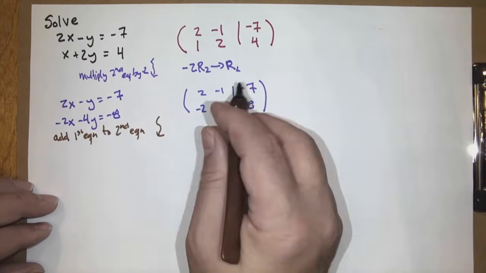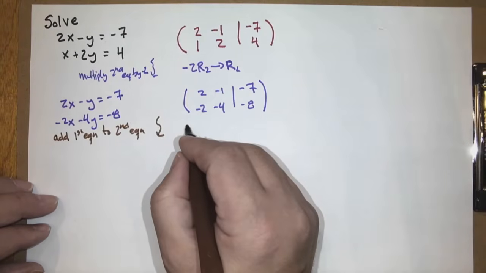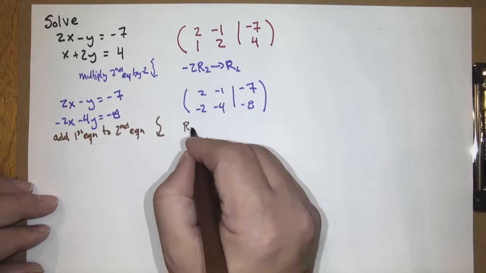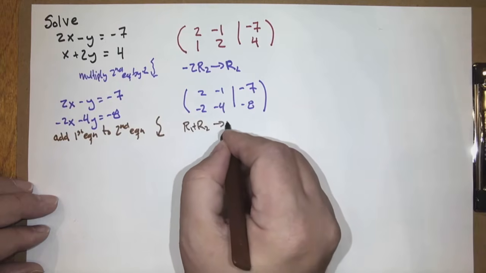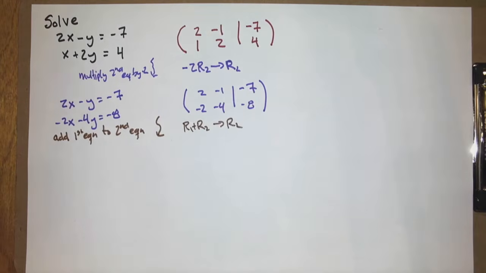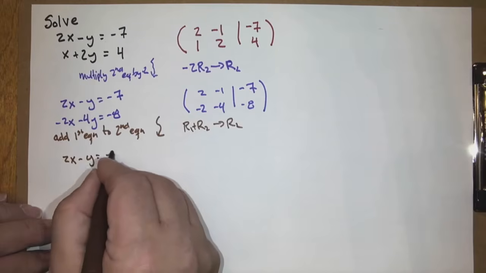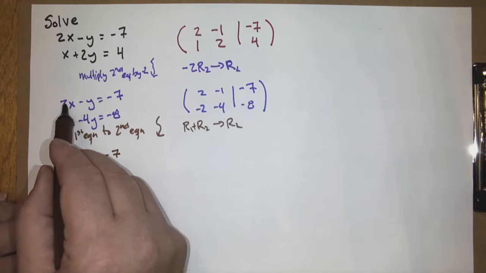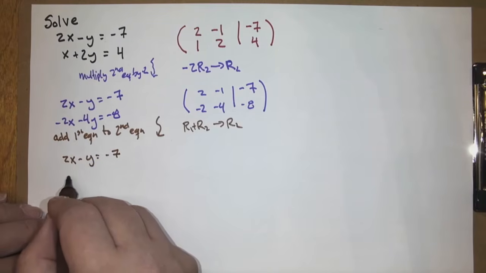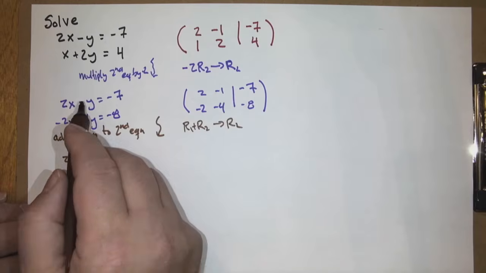Now, in terms of what we're saying here, we're going to say if you take row 1 plus row 2, that becomes our new row 2. So that's the row operation that we're going to carry out. So our first equation staying as is. Our second equation, 2x plus -2x makes 0x, which we usually don't write.